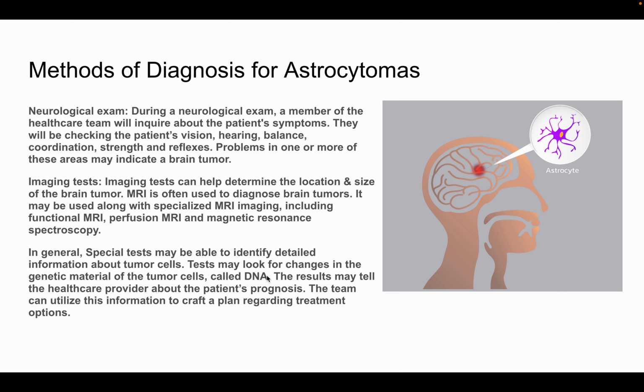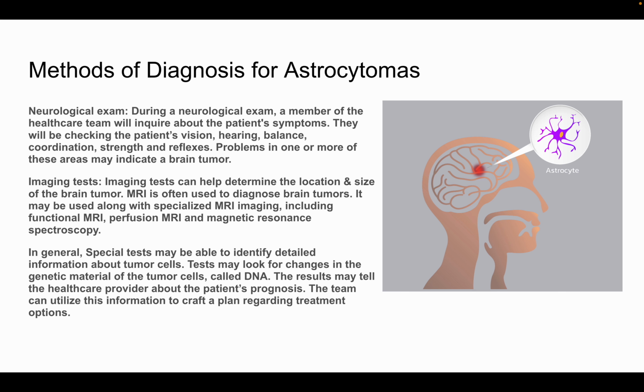And now we will be moving on to the methods of diagnosis for astrocytomas. First, we can do a neurological exam. Now, during a neurological exam, a member of the healthcare team will inquire about the patient's symptoms. They will be checking the patient's vision, hearing, balance, coordination, strength, and reflexes.